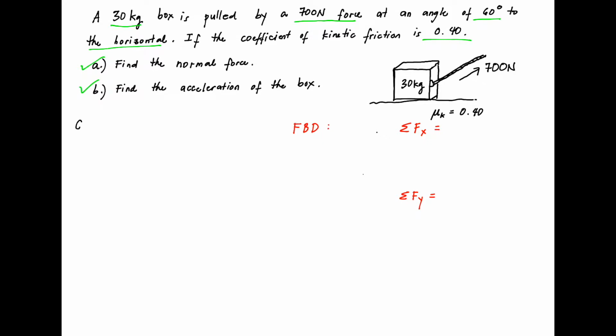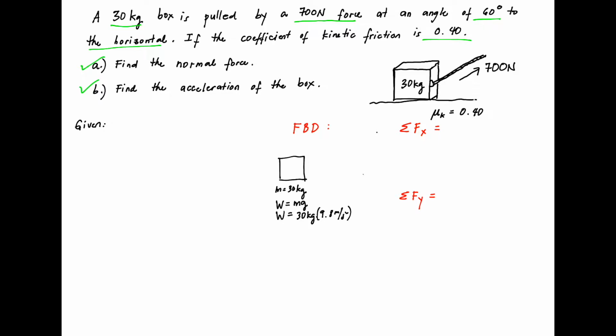First, let's try to identify the given by drawing the free body diagram. The mass of the box here is 30 kilograms. The weight would be mass multiplied by gravity, which is 30 kilograms times 9.8 meters per second squared.